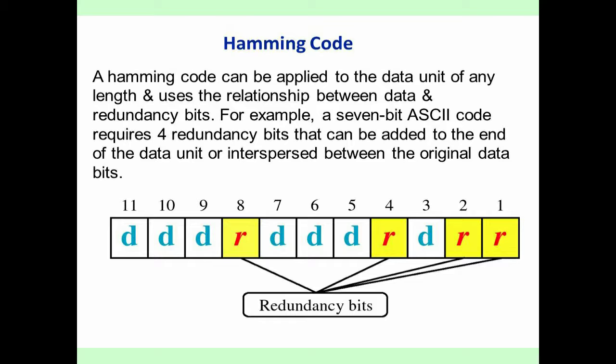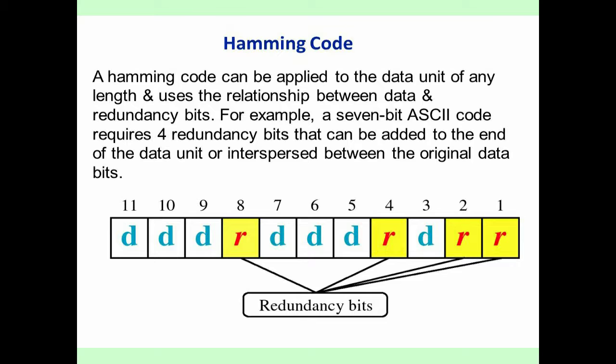You can observe here, I am just mentioning the places of redundant bits. That is 2 to the power of 0 is 1, 2 to the power of 1 is 2, 2 to the power of 2 is 4, 2 to the power of 3 is 8. Did you understand? Once again I will tell. Redundant bits are calculated as powers of 2, where 2 power n, where n starts from 0. 2 to the power of 0 is 1: first redundancy bit, R1. 2 to the power of 1 is 2: second redundancy bit, R2, at position 2.